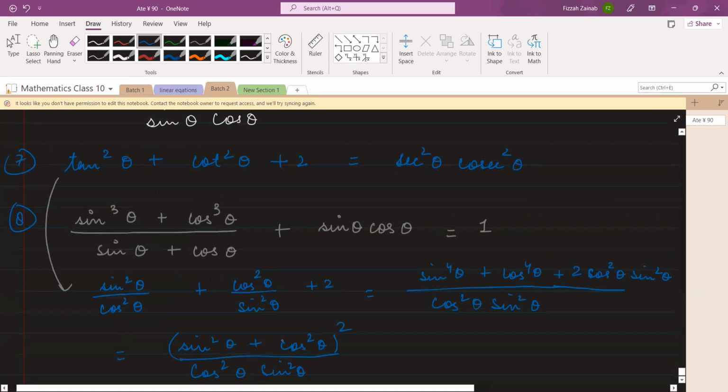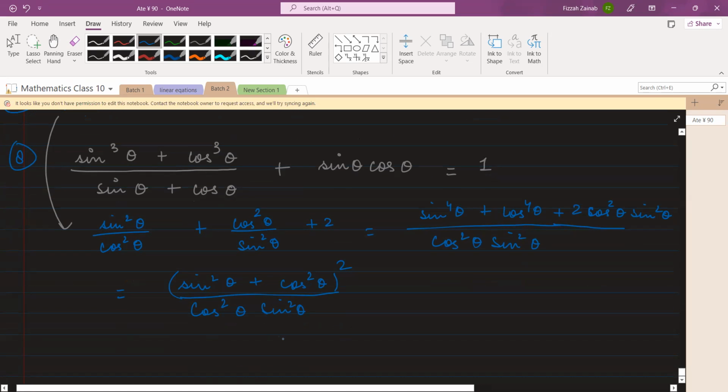I need sec square theta plus cosec square theta. Okay, no problem. So now I can write it like this: sine square theta plus cos square theta divided by cos theta sine theta, and the square I'm combining together, numerator and denominator.